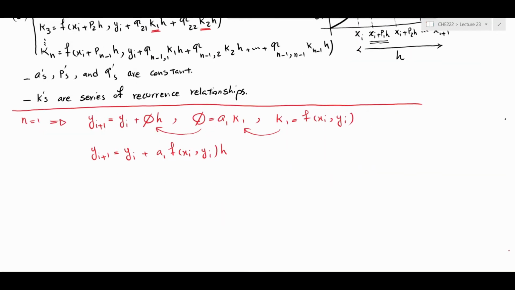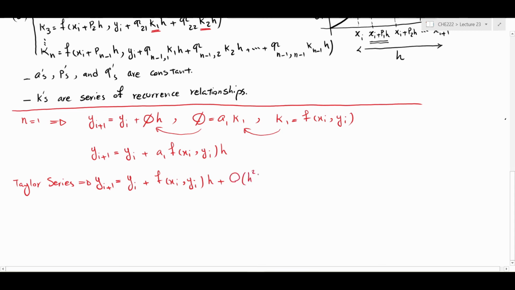Now what I'll do is I also use Taylor series expansion to estimate the value of yi plus 1. And because we are deriving the first order Runge-Kutta method, which only contains two terms, I'm going to truncate the Taylor series expansion after two terms, and we know that the order of error in here will be h squared.